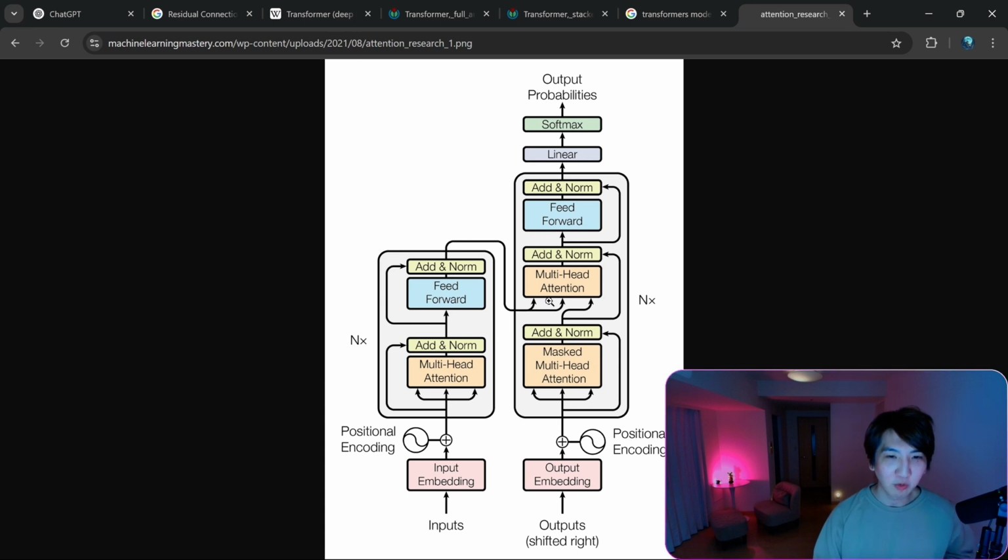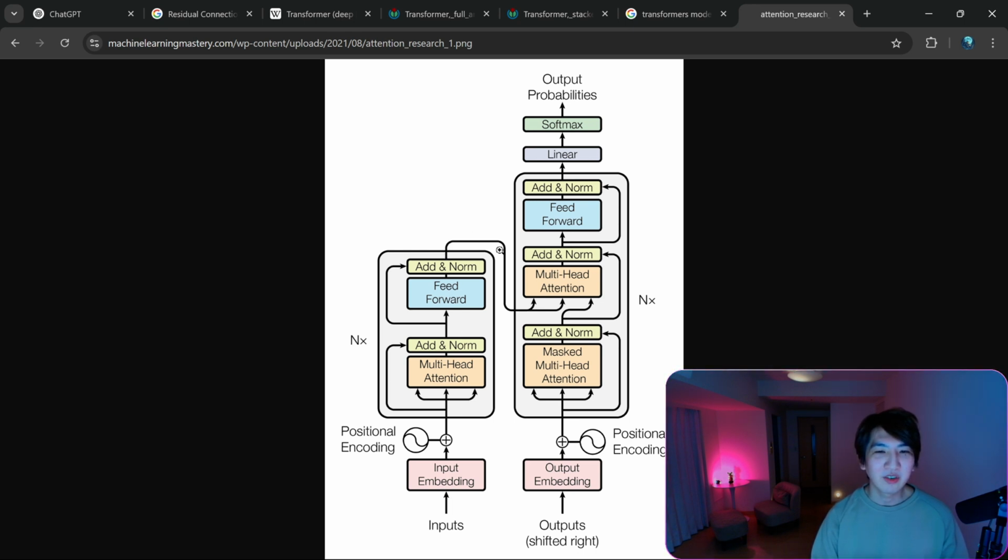So what does the encoder do? Like the main function of it. It would transform these inputs into a format that the model would understand deeply. It would extract more meaningful information from these inputs.